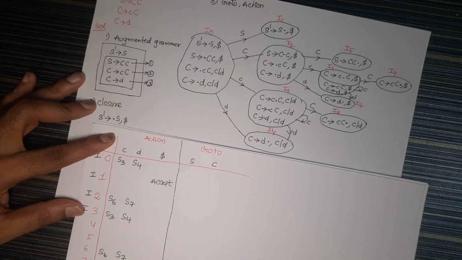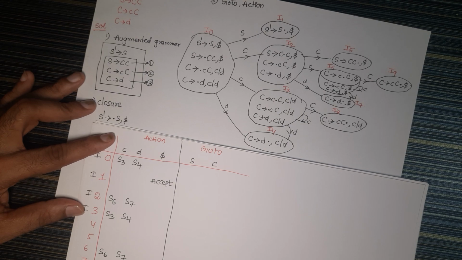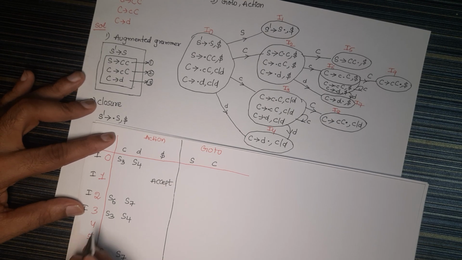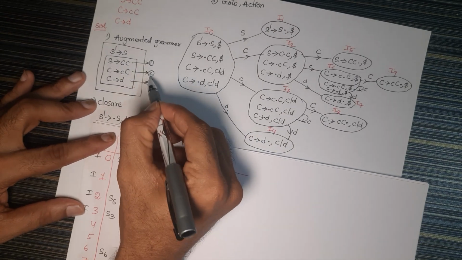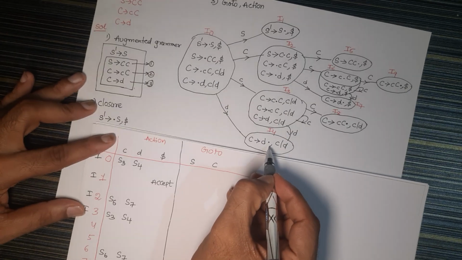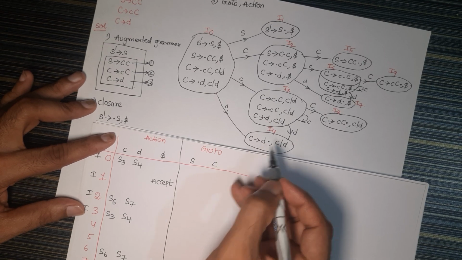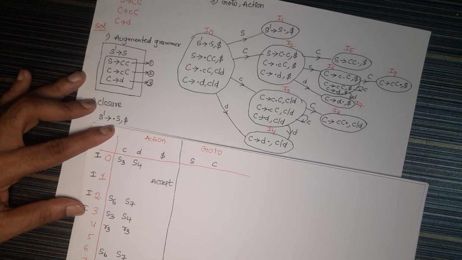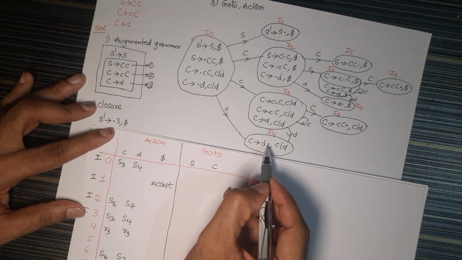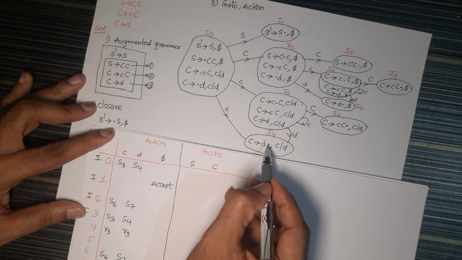Remember, I4 is a reduce move. So we need to place R3 in place of C and D. Let me explain again: I4 is the reduce move because the dot appeared at the end.